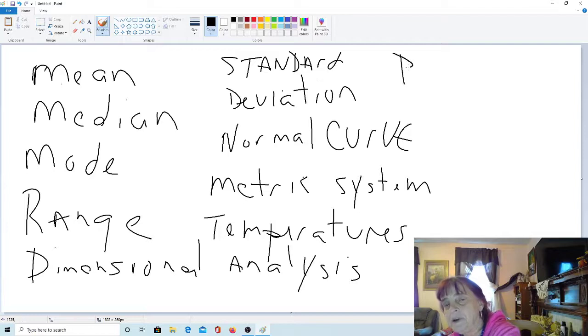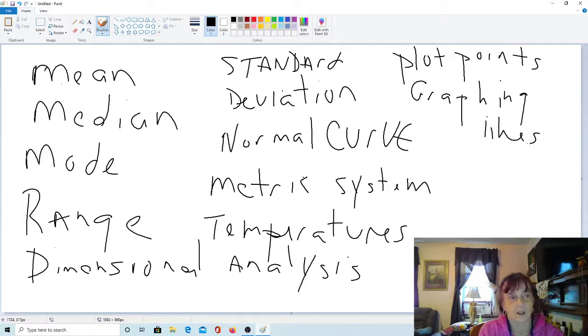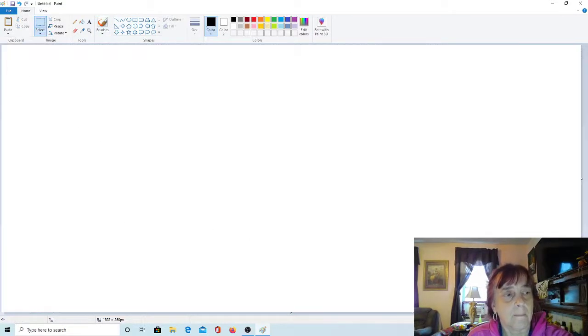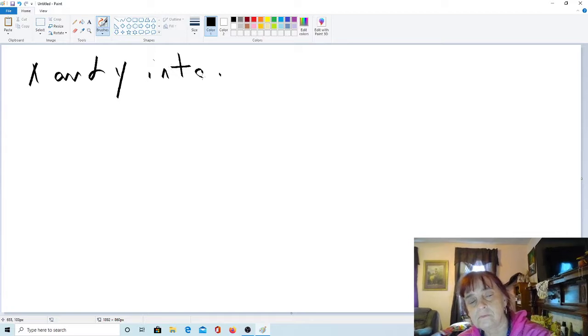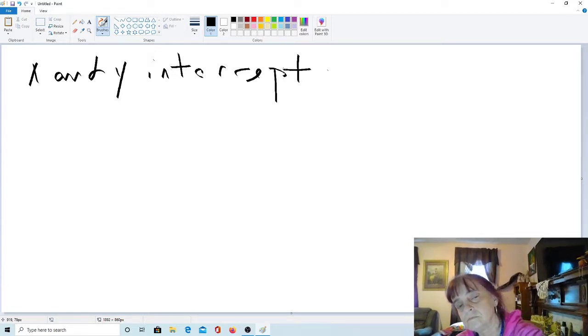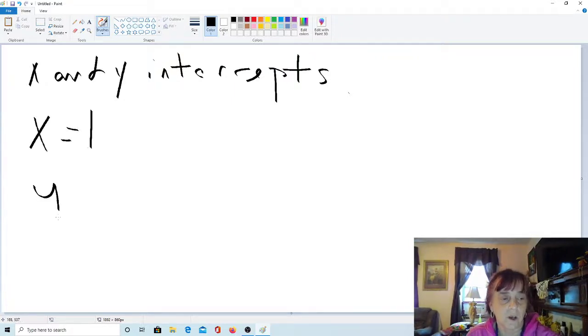Also plotting points, graphing lines, X and Y intercepts, and be sure to understand how you graph equations like X equals 1 and Y equals 5, that type of stuff.